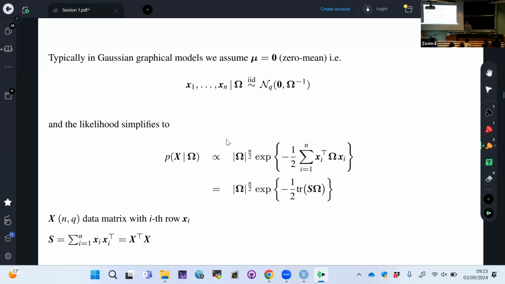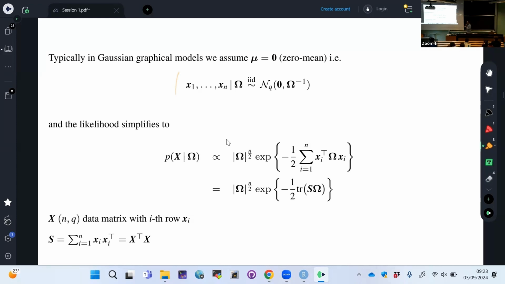So for simplicity, we can assume that our multivariate normal model has a zero mean, something that in practice you can achieve by centering your variables, your data, sorry. And so we can simplify our model by writing a multivariate normal with mean equal to 0 and variance covariance omega^-1.